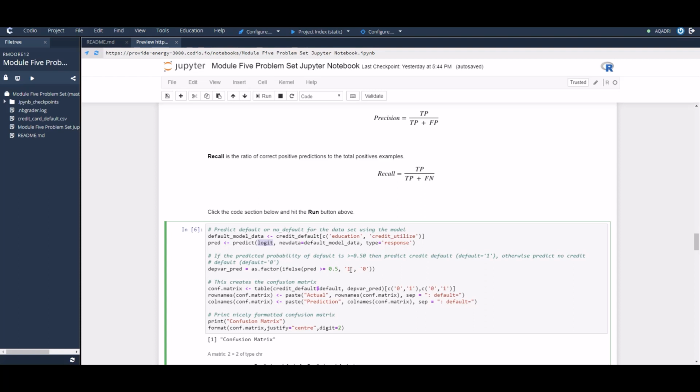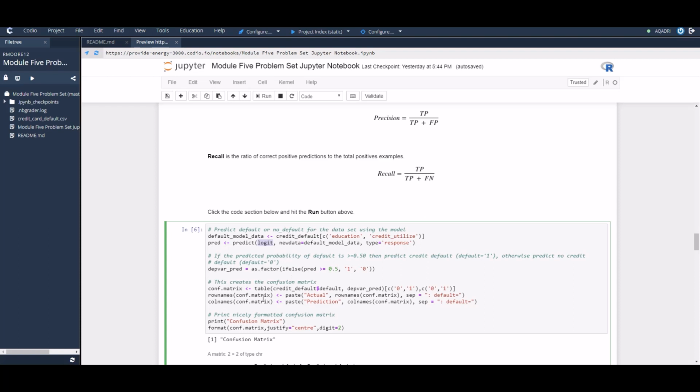In terms of this problem, it would mean that the person defaulting on the credit is true. That's a 1. If the prediction of the probability is less than 0.5, then we will say that's a 0. Okay, so 0 means no credit default.